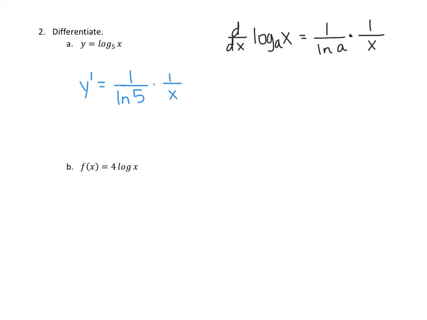So here the derivative is going to be f prime of x. The constant 4, we can just carry along with us, times 1 over the natural log of 10, since it's base 10, times 1 over x. And we can write this as 4 divided by x times the natural log of 10, if we like.